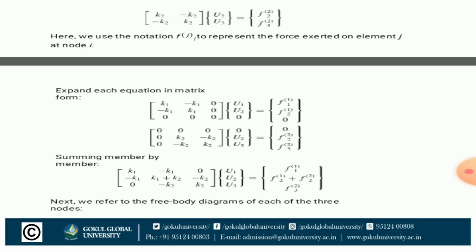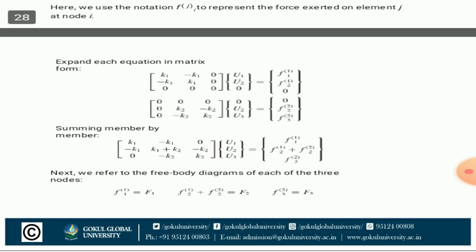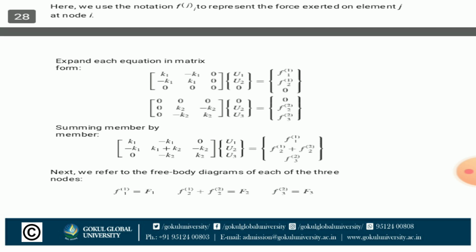It means the element consists of 3 nodes, and if the element has 3 nodes, we can prepare a 3 by 3 matrix in simple terms. Next, U1, U2 and U3, and again the summation of forces, F2 1 and F2 2. In general terms, we refer to the free body diagram on the next slide.